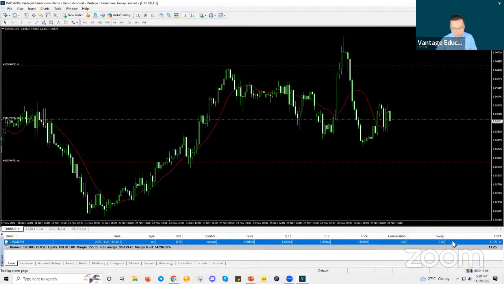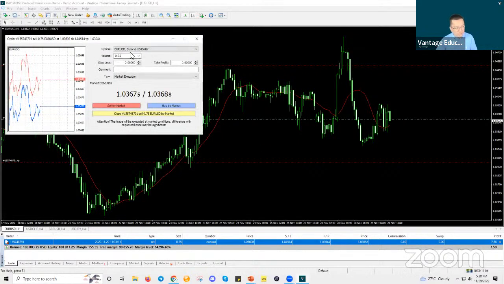Just remember to change the number first, because if you just pressed that and closed, it would close out the whole trade. If you change the number and you press either buy or sell, then you would have entered another trade.